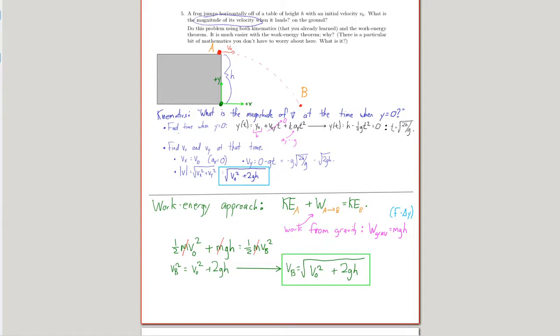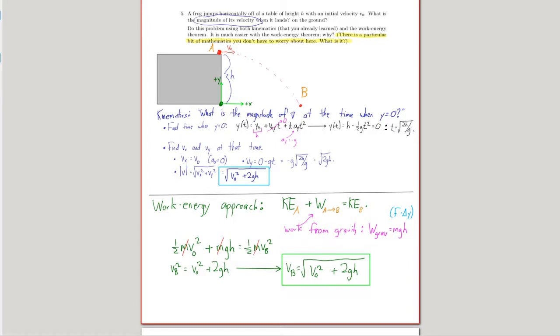One of the hints that's given to you there is a particular bit of mathematics that you don't have to worry about when you're doing the work-energy theorem. That is separate x and y components. You will need to think about what direction forces go in order to calculate the work that they do, right?